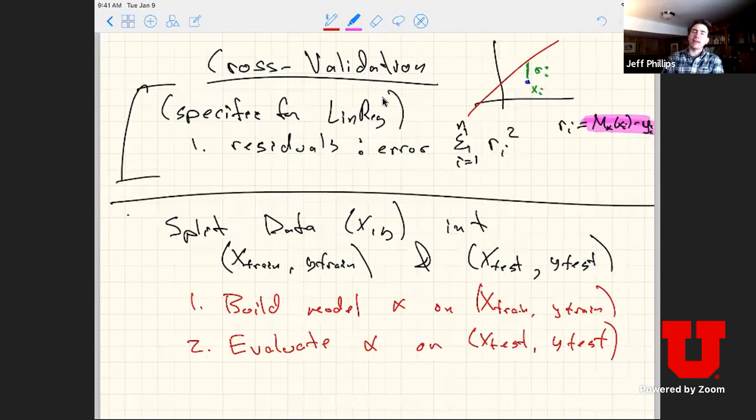It flips the sign if I were to write this down instead as yi minus y hat of xi. In some places you can say the residual is the absolute value of those. We're typically going to talk about it with a sum of squared errors, or at least something that looks like an Lp error. And that's going to involve the norm, which involves the absolute value here. So in that way, it doesn't matter.